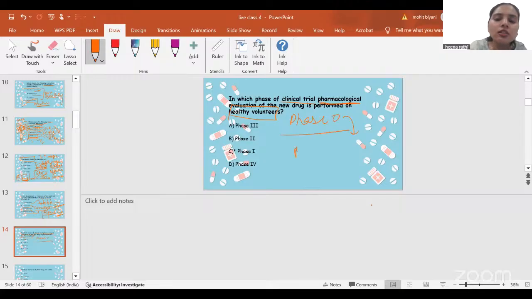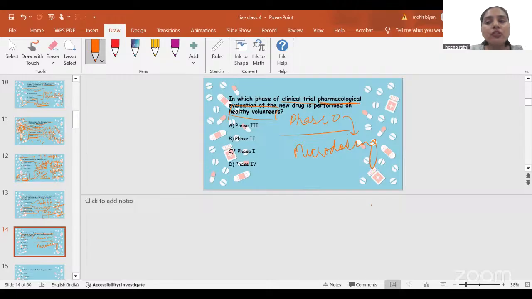Phase zero means microdosing. The dosing which we have seen in the animal, less than that dose, we are going to give to the healthy individual to see the effects and adverse effects of the drug.